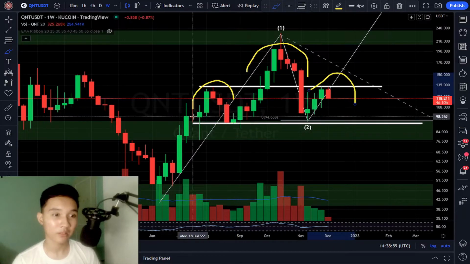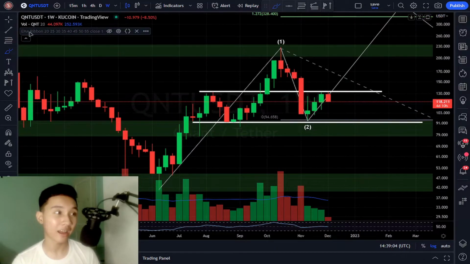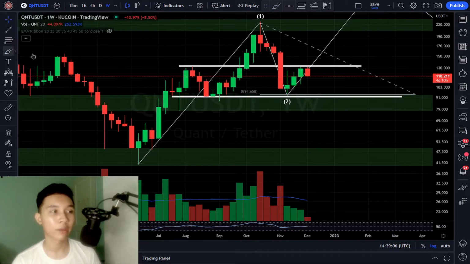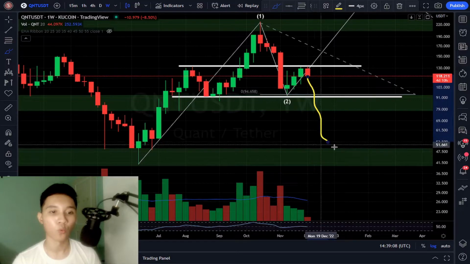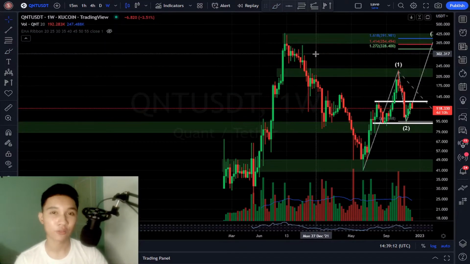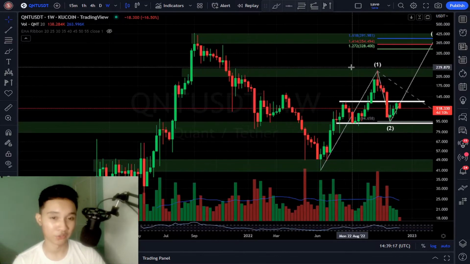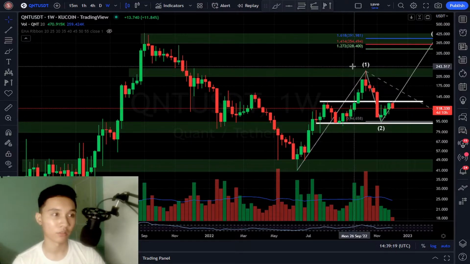Because if we complete this pattern right here in the weekly, that simply means there's a chance we may be seeing $50 once again. So that is looking bearish in the weekly. I can't lie to your faces right now, but this is what the new data is presenting, and I must keep you guys informed about the bearish scenario.